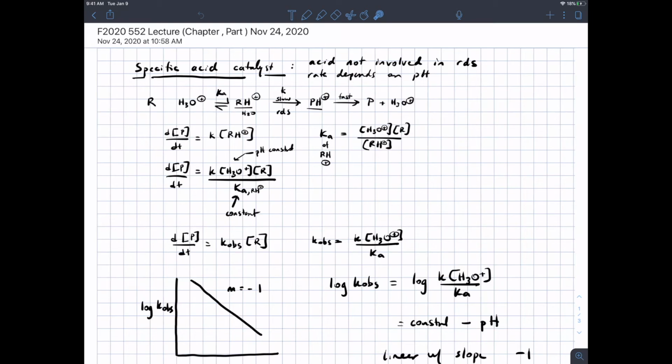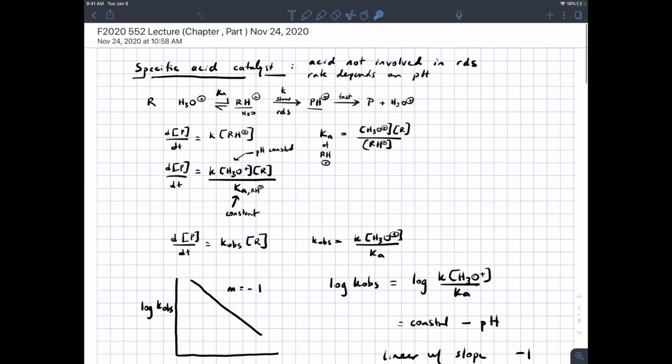And so you can derive an expression for the rate equation that depends on the Ka of your protonated starting material, the concentration of starting material, and the amount of hydronium that you have. All of these terms here that I'm circling are constant, and so the reaction looks like it's first order and depends on the concentration of starting material, which makes sense, but this rate constant depends on the pH.